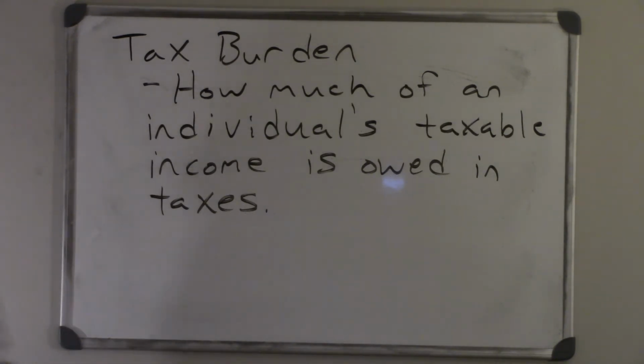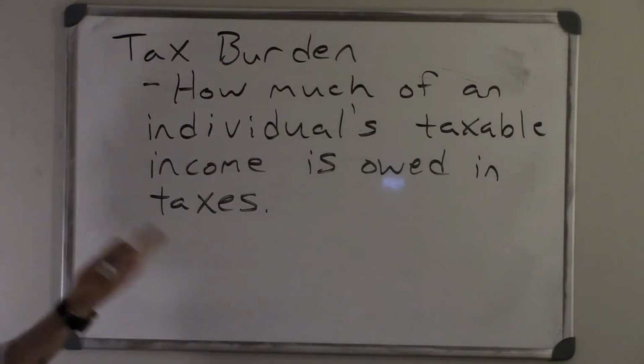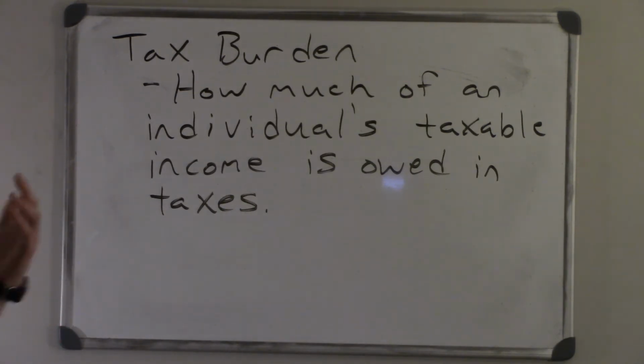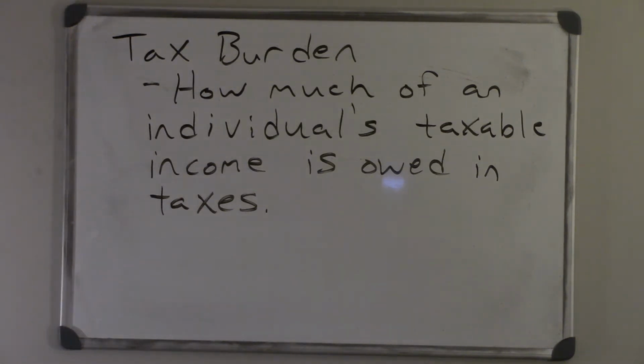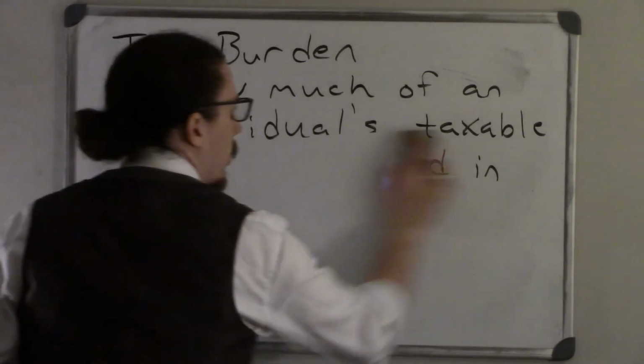All right, so this is not actually what you're going to pay in taxes in many cases. We're going to talk about that in a little bit, but without these extra things that we're going to talk about, how much are you going to owe? I think you'd also think of it as your tax liability. I prefer tax burden. How much are you being asked to pay in taxes? All right, so that is our tax burden.